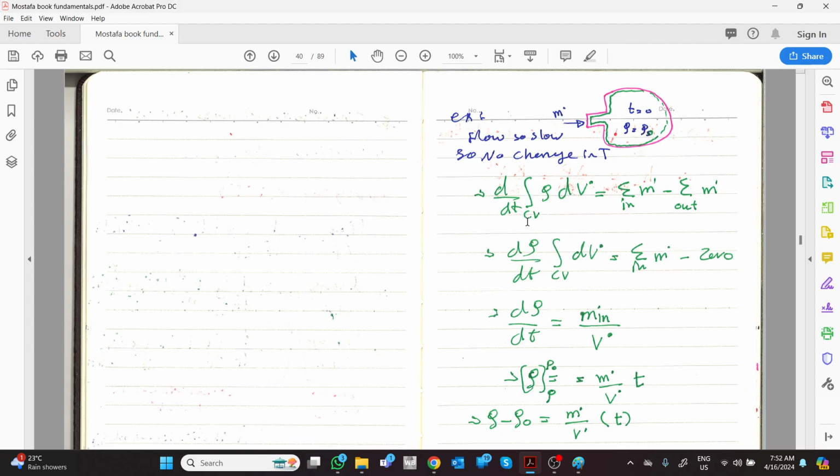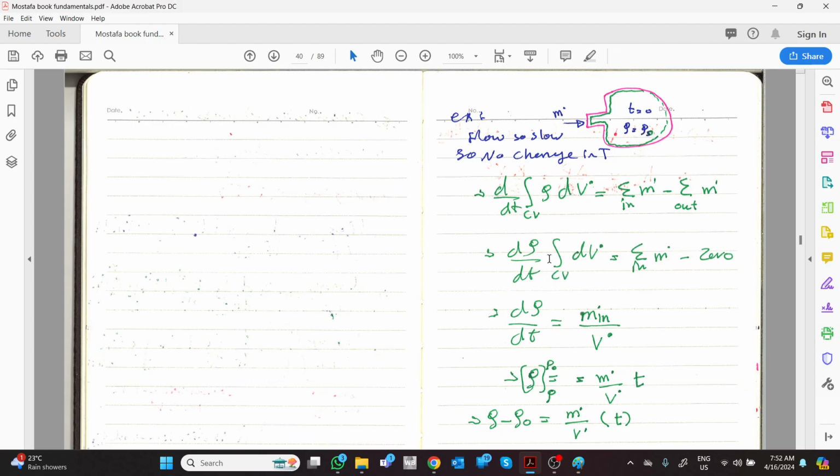It's very simple. We can put the rate of change, because the volumetric flow rate in or out is not a function of the density. Density is going to change, by the way, but it's not a function of dV. So it is d rho by dt times the control volume, equal to the mass flow rate.